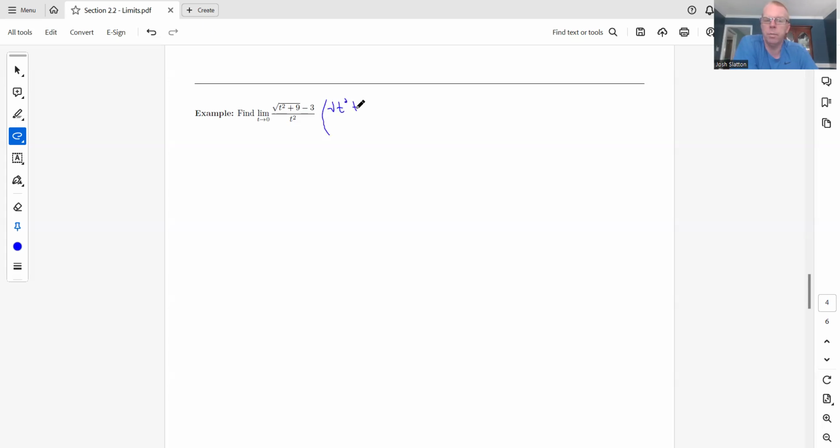And I'm sure in algebra classes you have rationalized the denominator. This is the same thing, except we're going to rationalize the numerator, but it's the same idea. And so what you do is you write this term, but you change that to a plus. And so now we have a difference of squares, if you will. It's kind of a difference of squares.